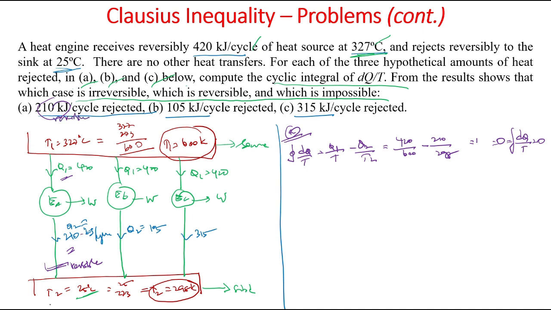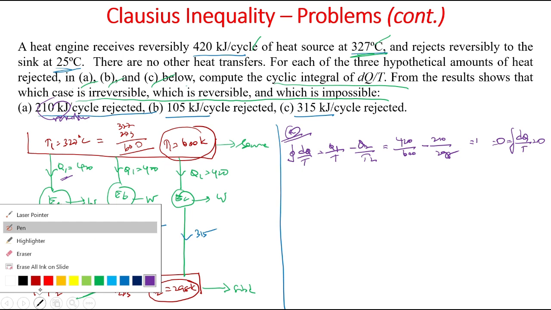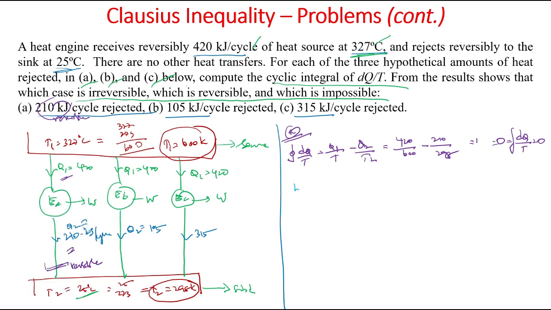Then the second case: the cyclic integral of dQ by T is equal to Q1 by T1 minus Q2 by T2. Here Q1 is 420 at a temperature of 600, and Q2 is equal to 105 at a temperature of 298.